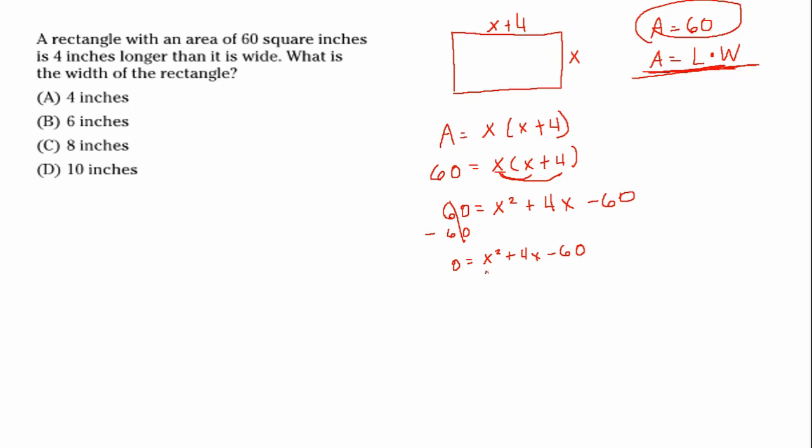Okay. To put this in a form you're used to, I'm just going to rewrite it one more time. X squared plus 4x minus 60 equals 0. Now we're going to factor. If you remember how to set that up, it looks like this.